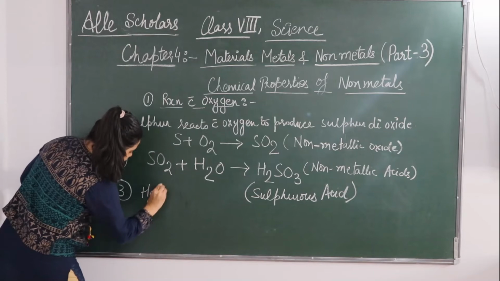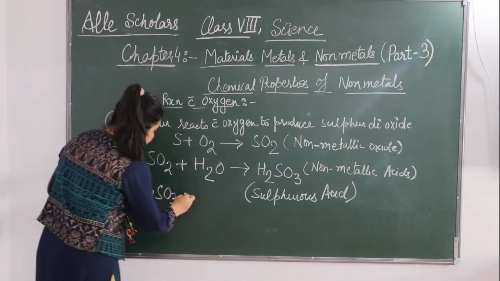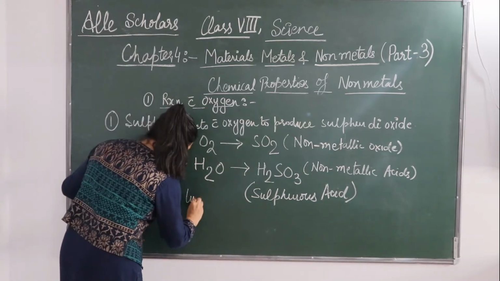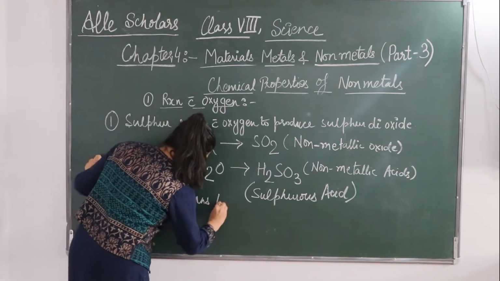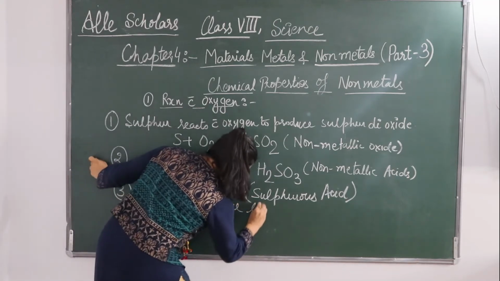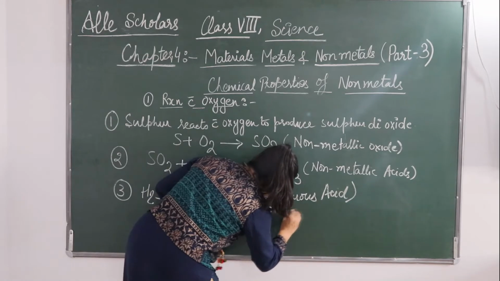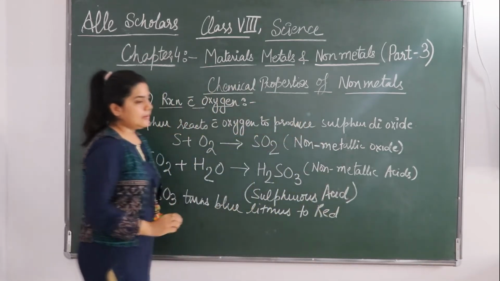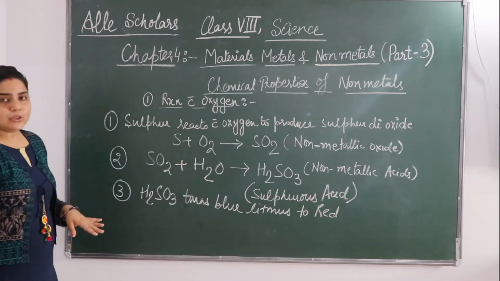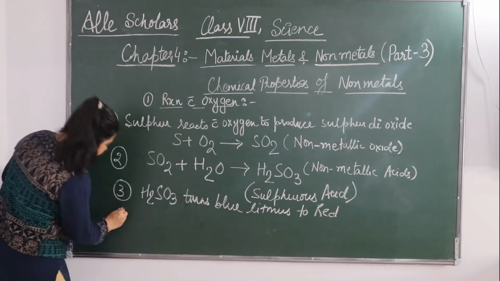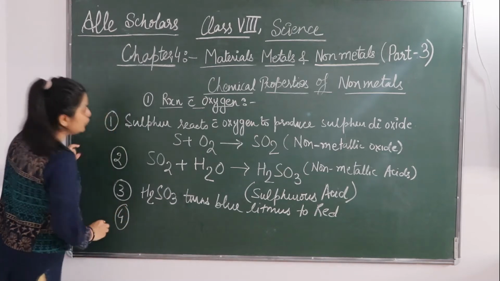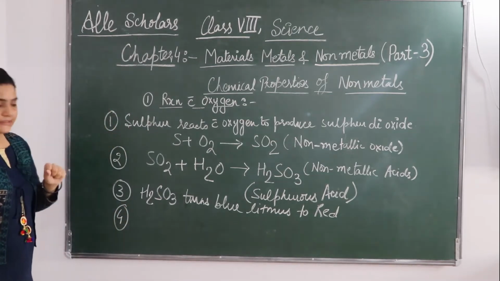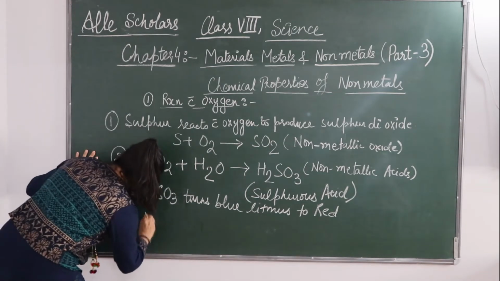This H2SO3, the sulfurous acid, turns blue litmus paper to red. It means that generally non-metals are acidic in nature.